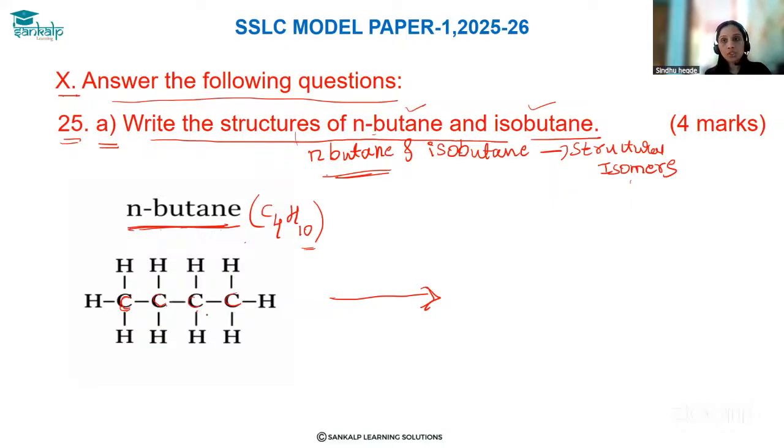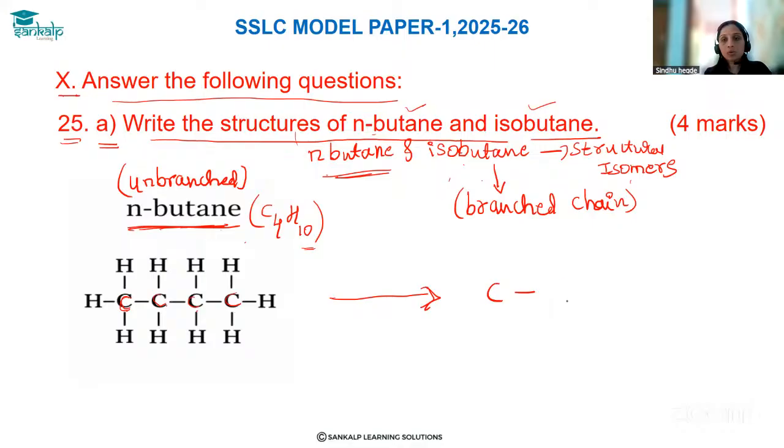There is no branch in the carbon chain. But isobutane has a branched carbon chain. So now we'll see how to draw isobutane. It must contain a branched chain.